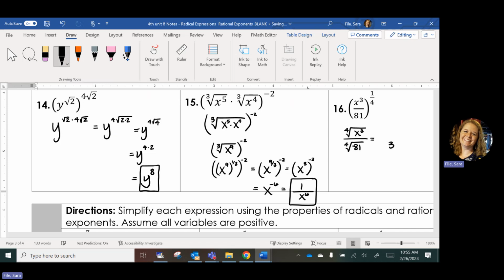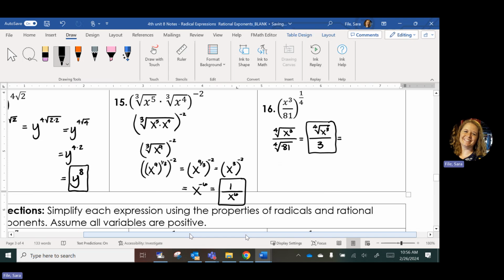That's 3, because 3 to the fourth gives me 81. So I can leave this numerator as the fourth root, and I can leave that as my answer, or I could rewrite my numerator as a rational exponent. So that would be x to the 3/4 power over the 3. That would be correct as well.